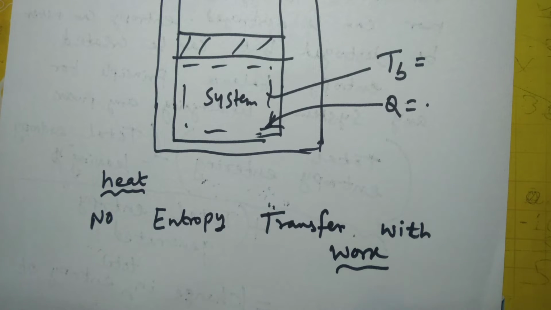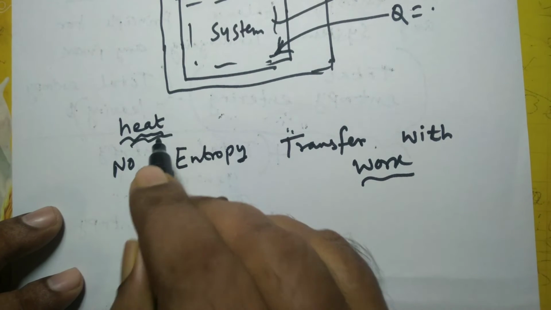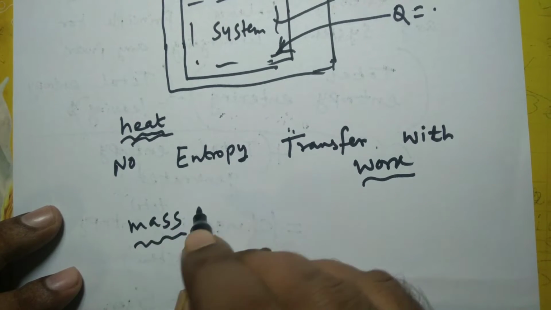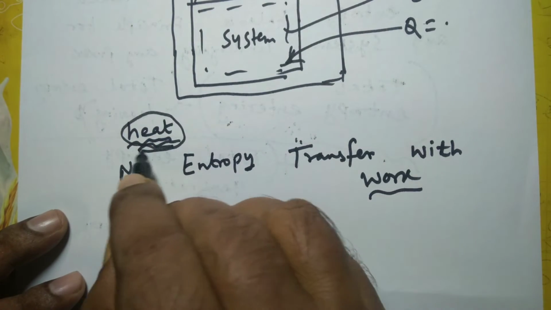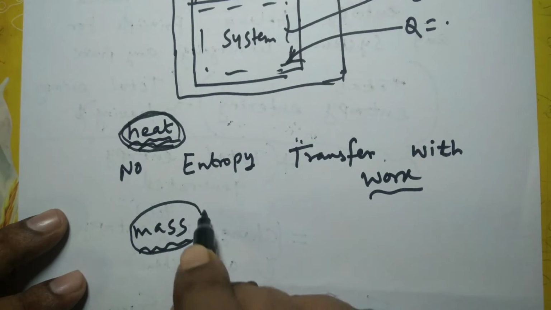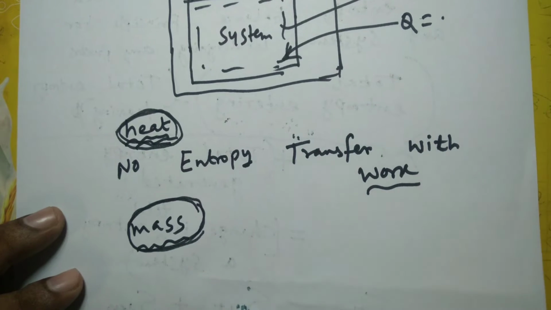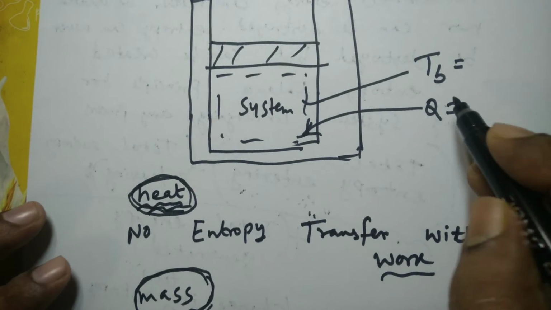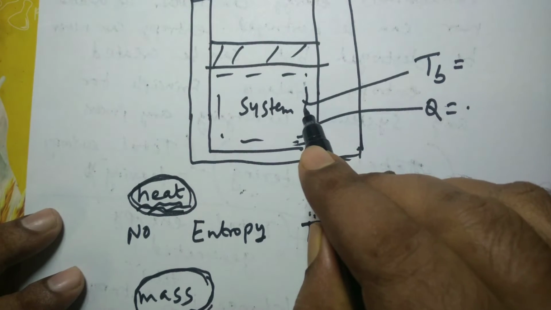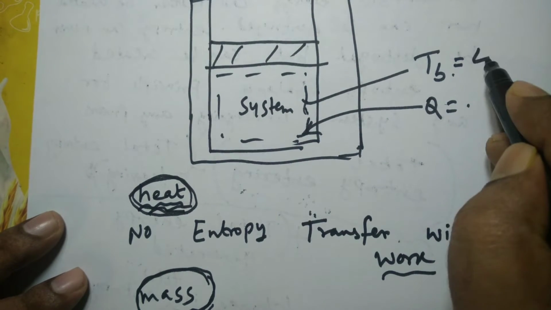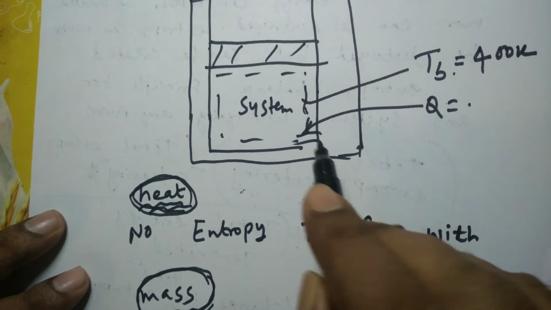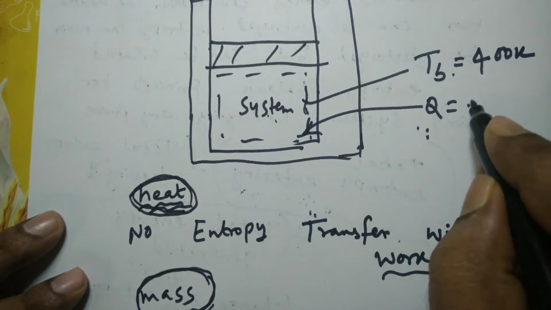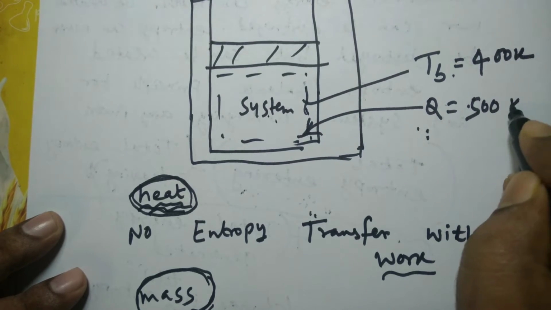interactions. So apart from heat also mass के साथ भी entropy transfer हो सकता है. So these two are primary modes of entropy transfer into a system or out of a system. So जब heat के साथ entropy आता है, suppose this is the temperature of the boundary, TB is suppose 400 Kelvin, and heat that is transferred from surrounding to this system is suppose 500 kilojoule.